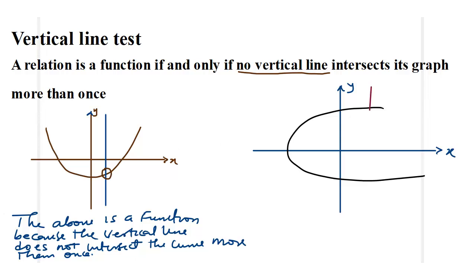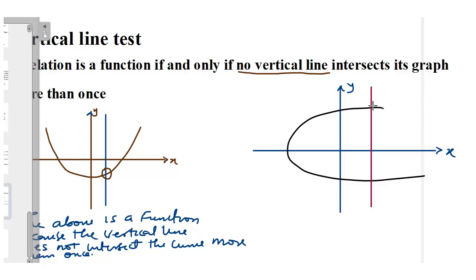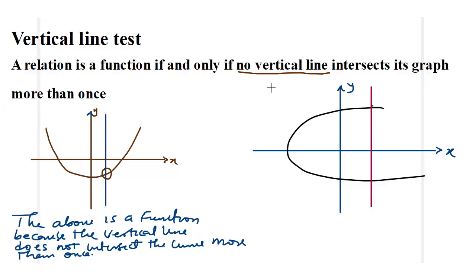Now if you look at this vertical line, there's an intersection here, and there's another intersection here. So what will be our conclusion? Our conclusion is that it is not a function, because the vertical line intersects the curve at this point and at this point. All right, so let's look at another one.